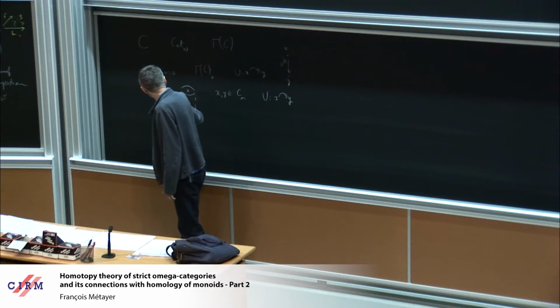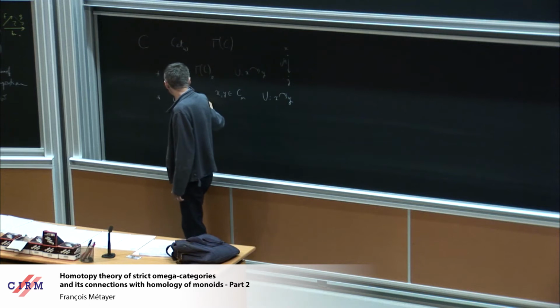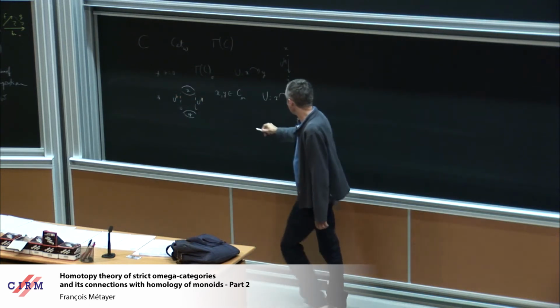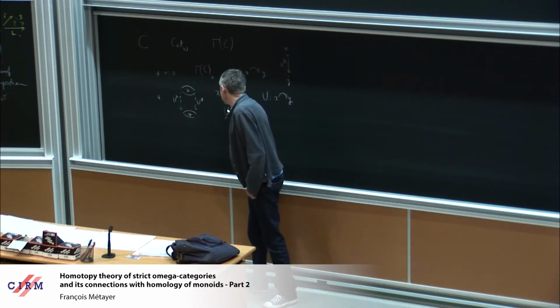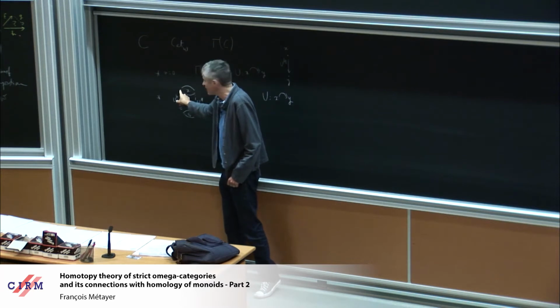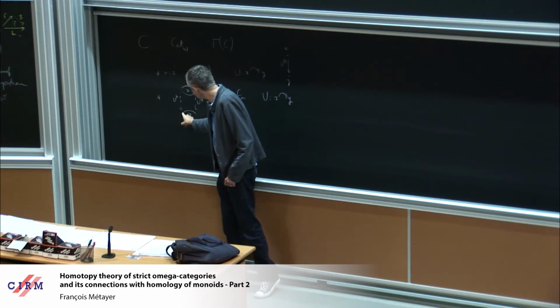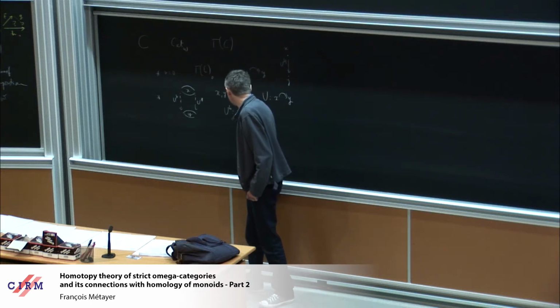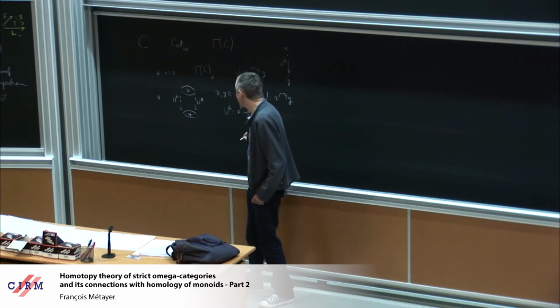Here is one, call it U flat, and this one U sharp. So it's given by two reversible cells, U flat, which goes from the zero source of x to the zero source of y, so we denote this by x flat to y flat.